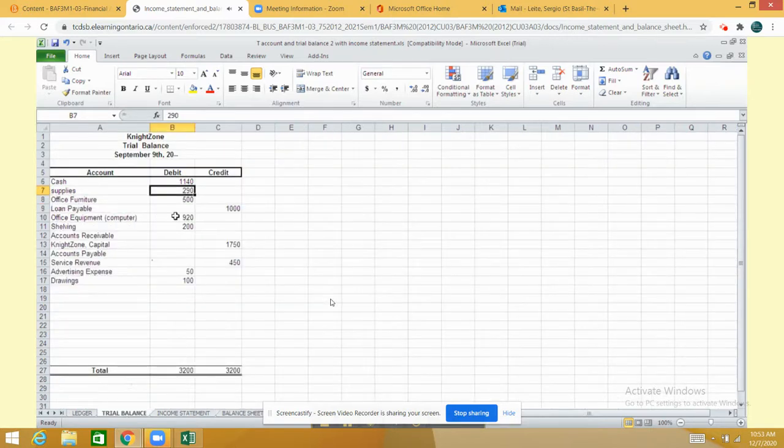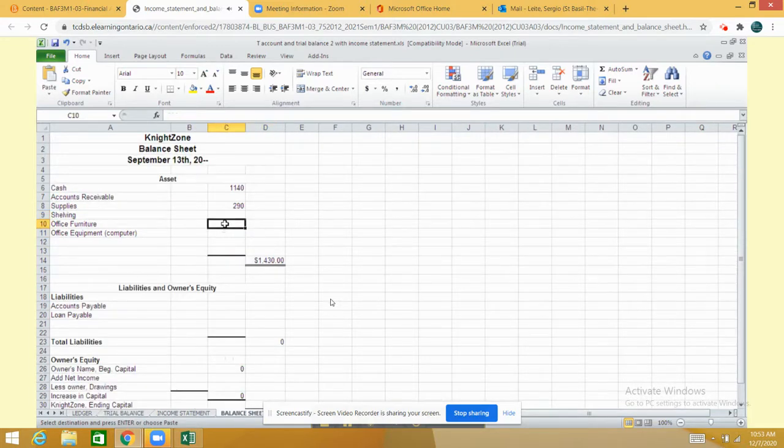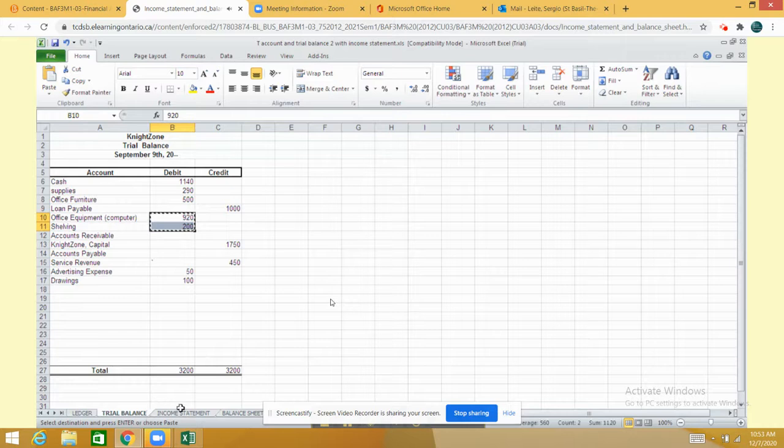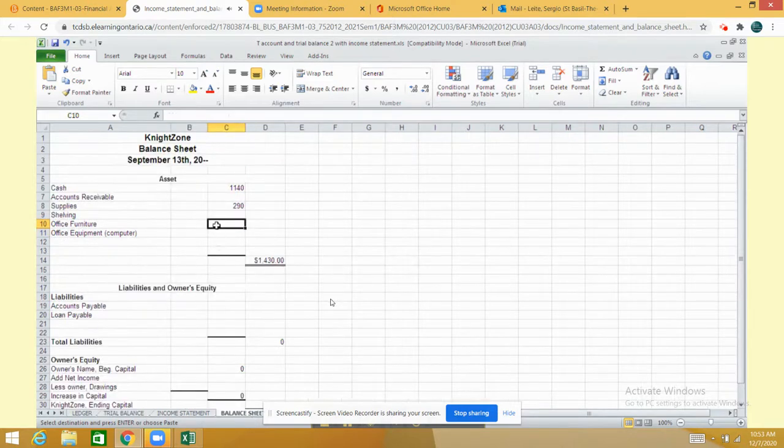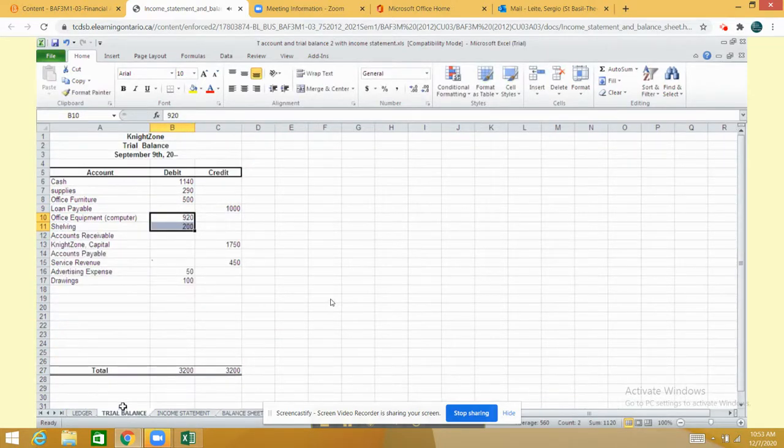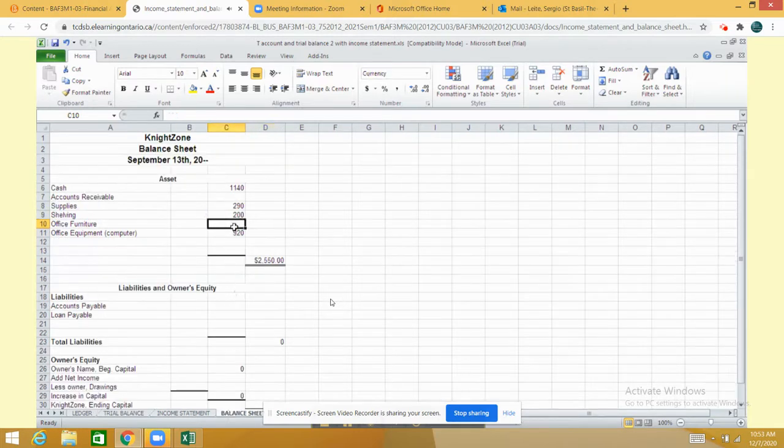And again, we've got office equipment and shelving. And we've also got office furniture for $500. So we're looking at our total assets of $3,050.